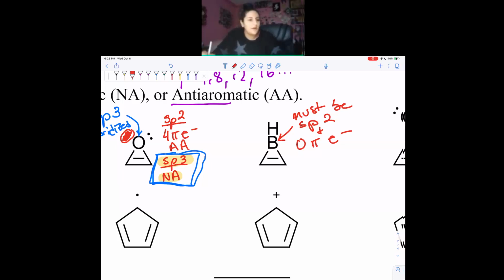But how many total pi electrons do we have if it's only the double bond? What do you guys think? How many pi electrons do we have total? 2. Awesome. So it's 2 pi electrons. It doesn't get to choose, but it is going to be aromatic. Yay.